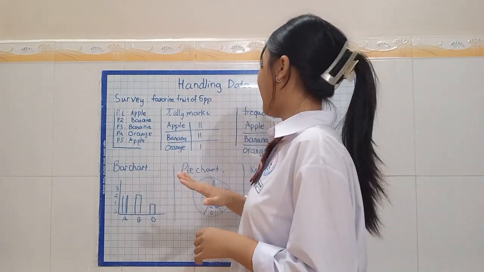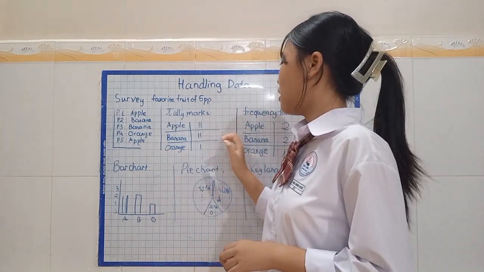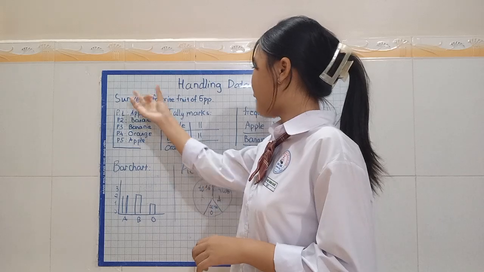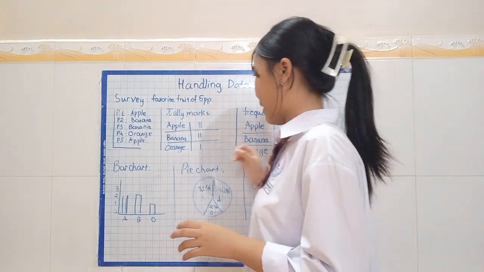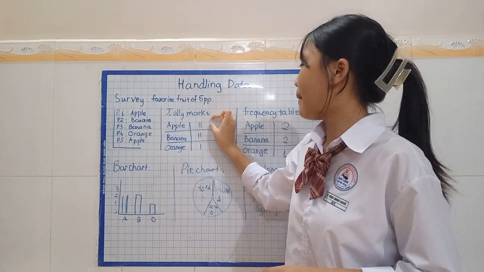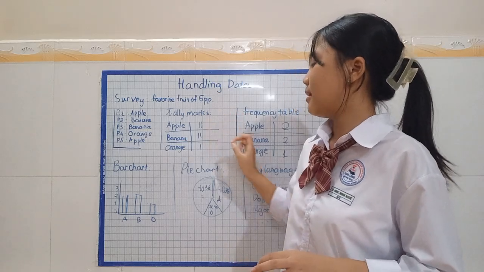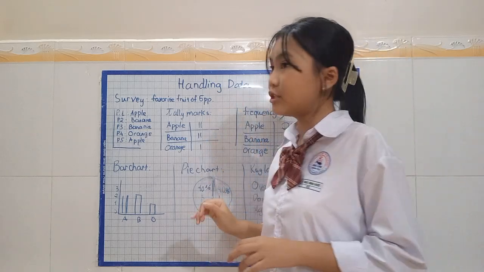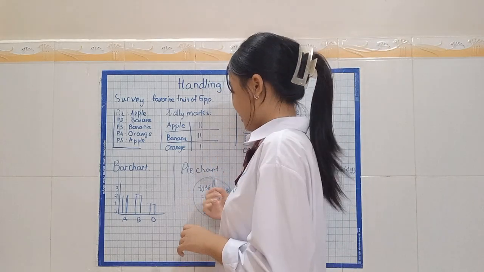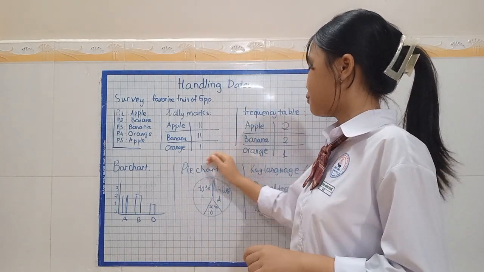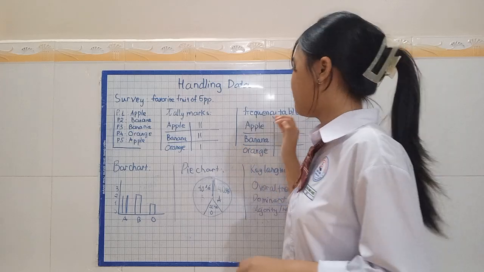Let's say, for example, we have 5 people in the survey. So 5 is going to be our denominator. And the number of people who like orange is going to be the numerator. So we're going to have 1/5.